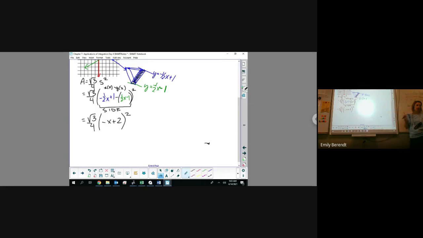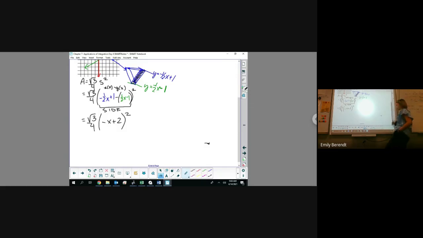All right, so then we can either FOIL it or use U substitution. I always think if you can FOIL it, it makes it easier because then you end up with a polynomial that you can power rule, rather than doing U and du and replacing and changing U bounds.